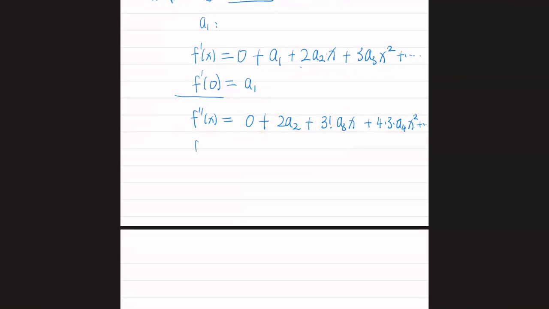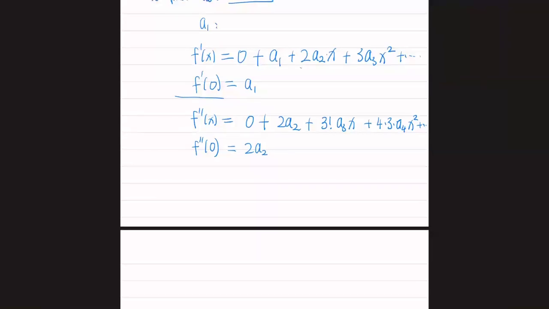Again, well, plug in 0. We plug in x equals 0, we get 2a2. From here, we see that a2 is 1/2 the second derivative.